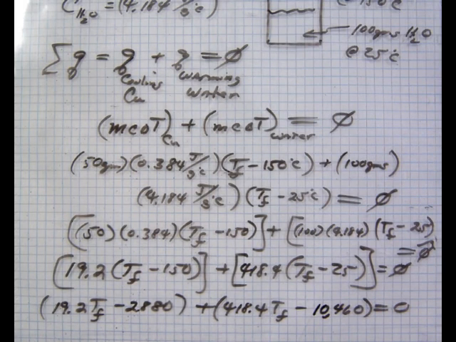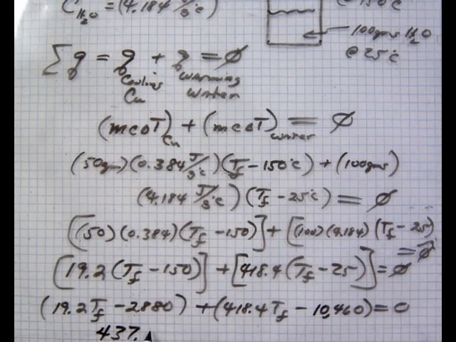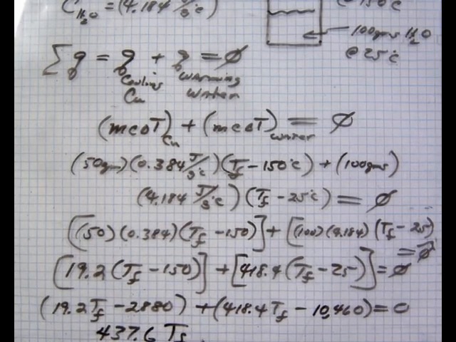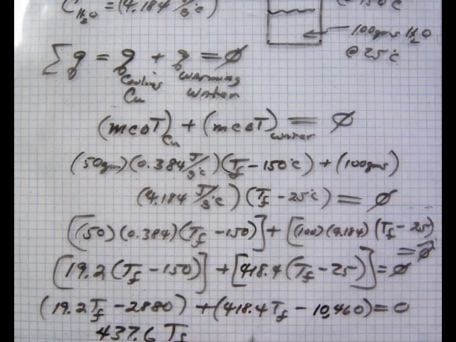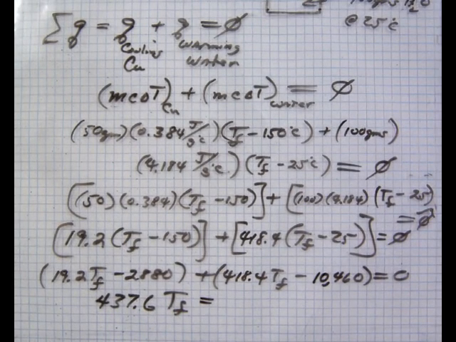So I'm going to add these two together. That's 418.4 plus 19.2, so we got 437.6 TF. And then I'm going to add these and transpose it to the right side of our little algebra equation. So I got 10,460 plus 2880, and I got 13,340.